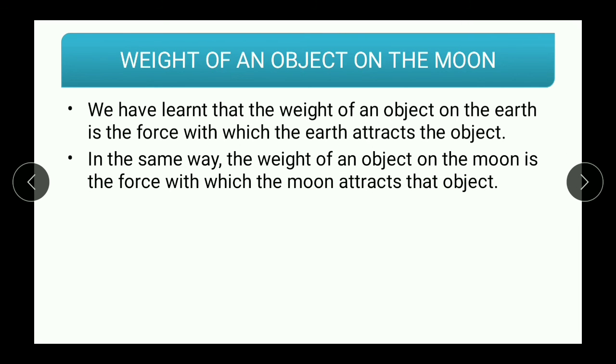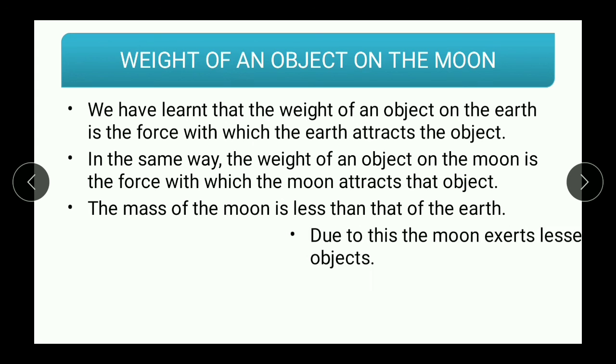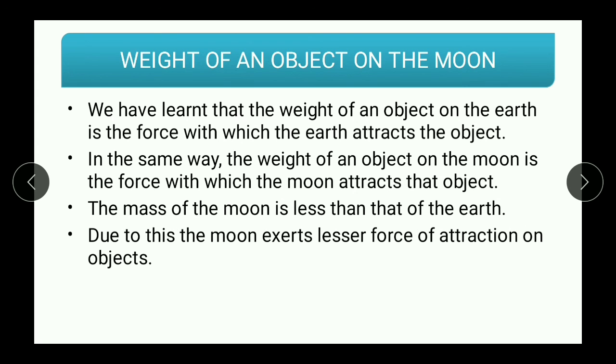In the same way, the weight of the object on moon is a force with which moon attracts that object. The mass of the moon is less than that of the earth. मून का मास कम है अर्थ से, तो ऑब्वियसली वेट भी कम आएगा. ड्यू टू दिस the moon exerts lesser force of attraction on that object.